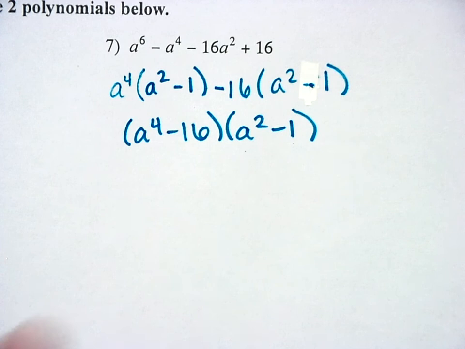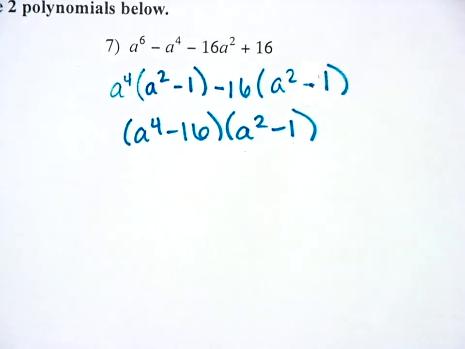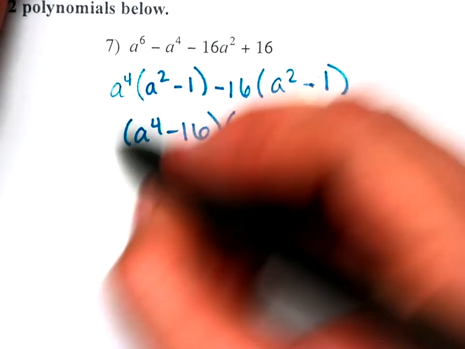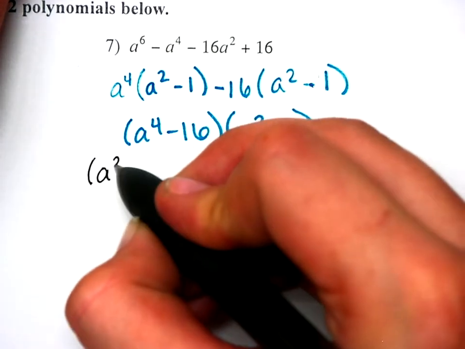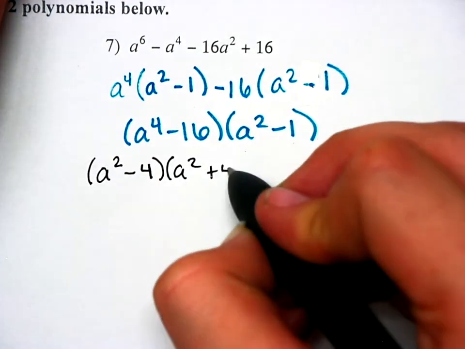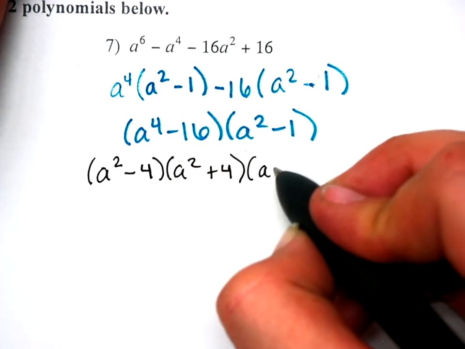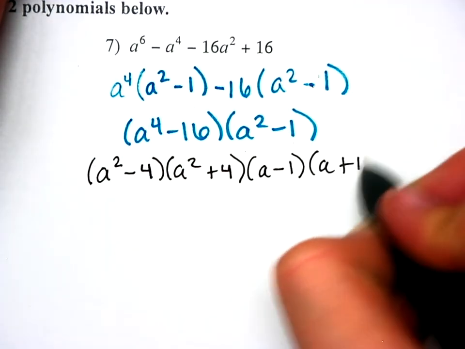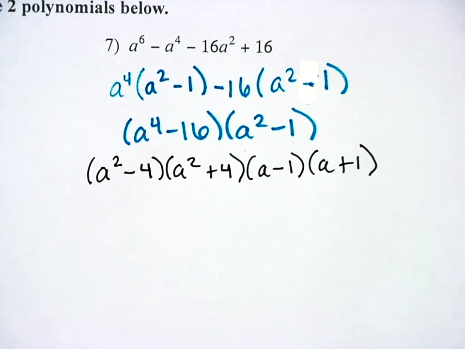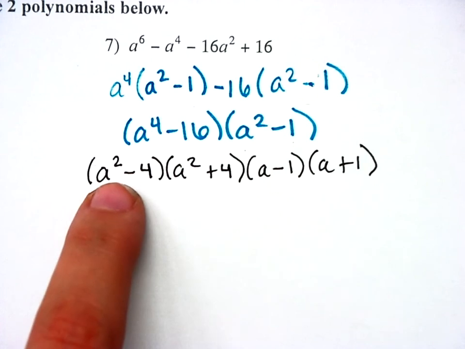You absolutely can. These are both differences of squares. So let's do this one first. This is going to be a squared minus 4 and a squared plus 4. And then this one factored is going to be a minus 1 and a plus 1. Again, ask yourself, can anything be factored further? We actually have one more that we can factor, which is a difference of squares.